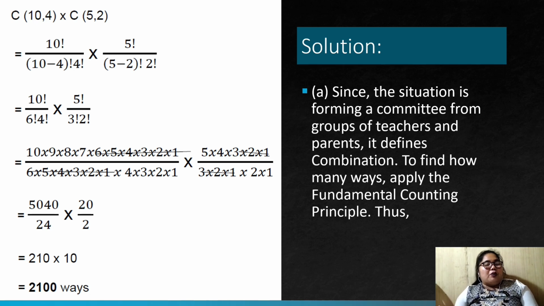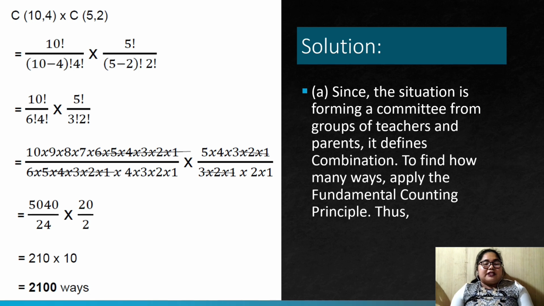So we will cancel the 6 times 5 times 4 times 3 times 2 times 1. The remaining numerator is 10 times 9 times 8 times 7, and the denominator is 4 times 3 times 2 times 1. 10 times 9 times 8 times 7 is 5,040, and 4 times 3 times 2 times 1 is 24.